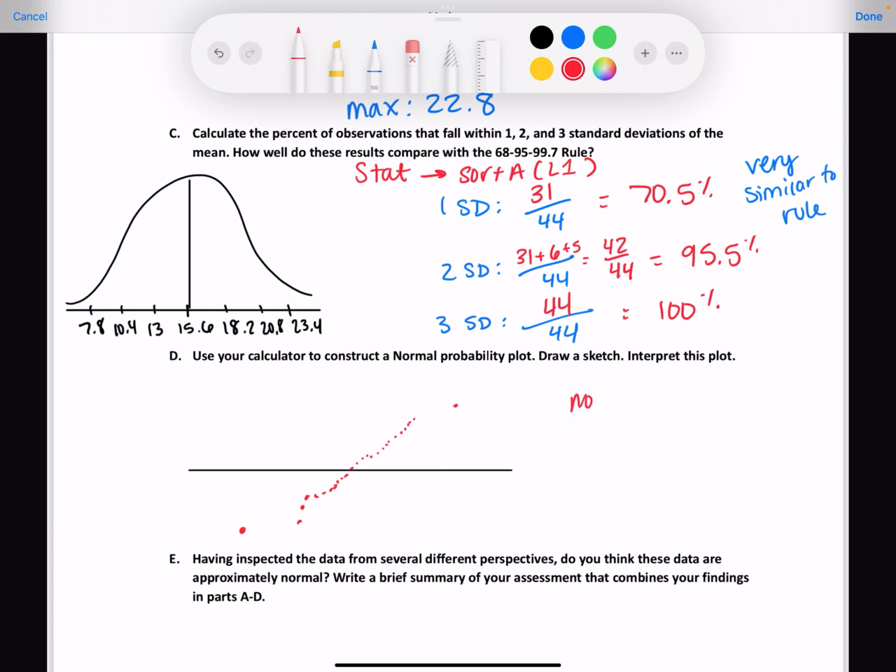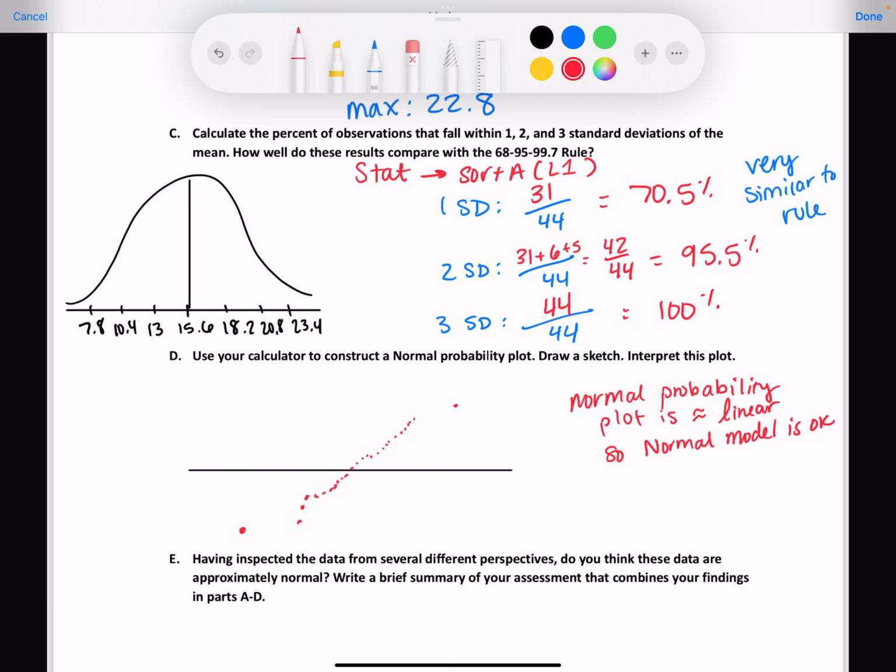So the normal probability plot is approximately linear. So the normal model is okay.